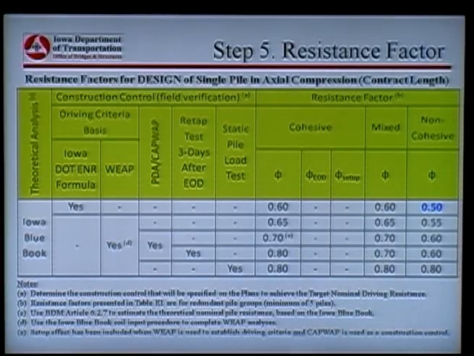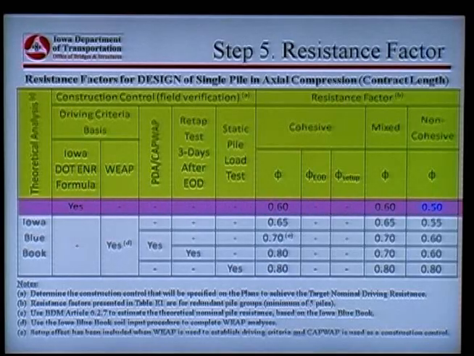So now, step 5 is to determine and select the right numbers. It could be difficult at this point because this is the first time you see a table overwhelmed with a lot of numbers. Let's focus on what we actually specified earlier. We're saying that we're going to use the DOT ANR formulas as our construction control. So all you need to know is what to choose from the first row.